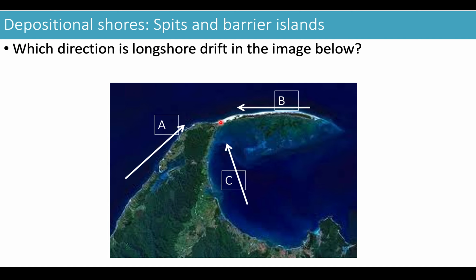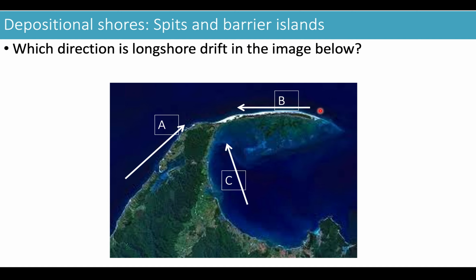So what we're looking for is where this longshore drift would have been able to move this sand along this very small stretch of land here. The right answer would be A, to have this wind blowing, letting the water move this way, curl around, and then deposit the sediment here on this nice beach.